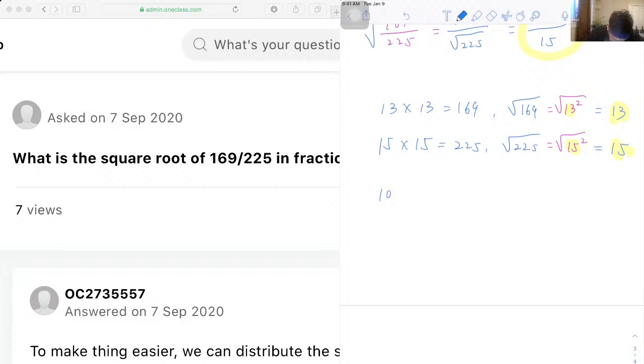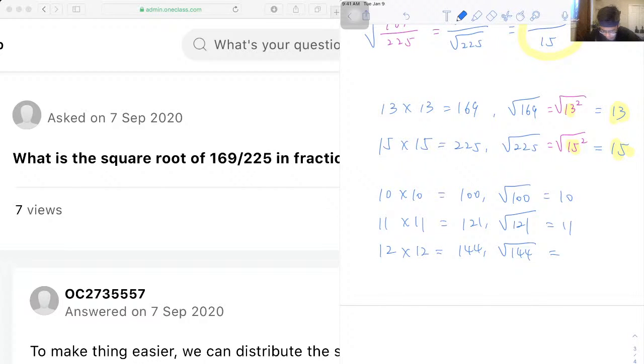So 10 times 10, let's start from 10, is equal to 100, so the square root of 100 is 10. 11 times 11 is equal to 121, and the square root of 121 is equal to 11. And we have 12. 12 times 12 is equal to 144, and the square root of 144 is just equal to 12.